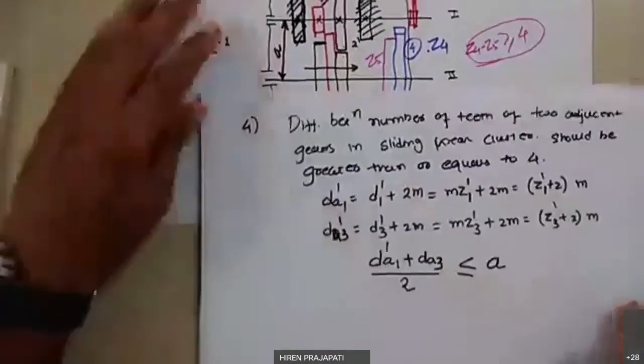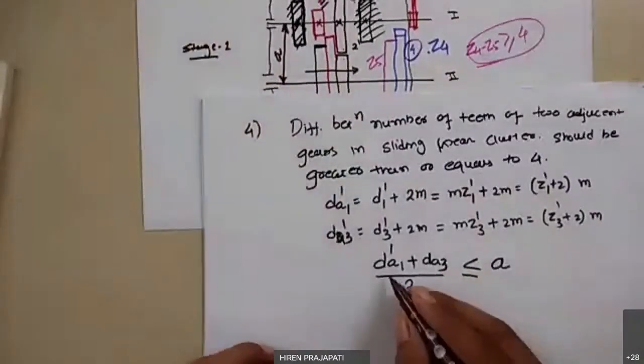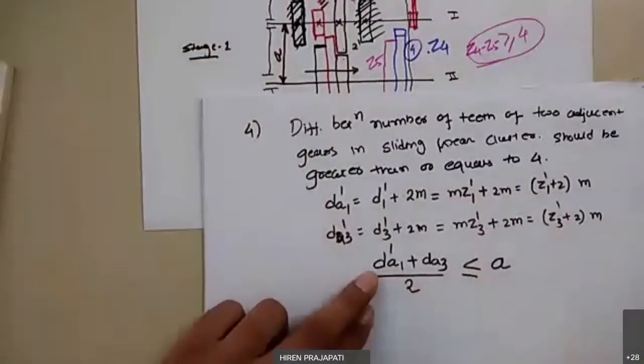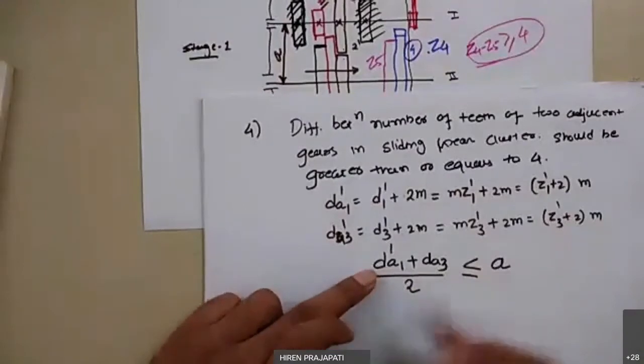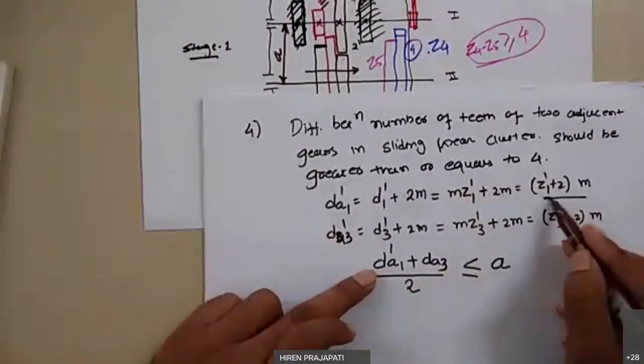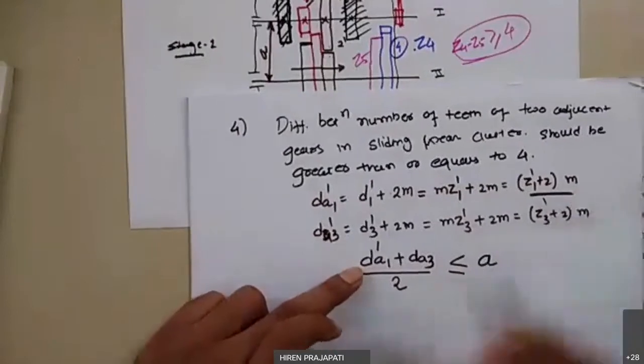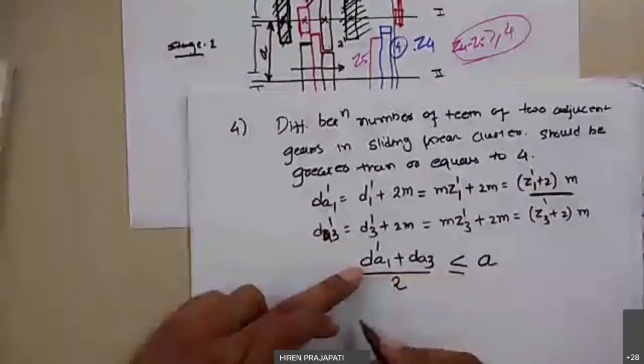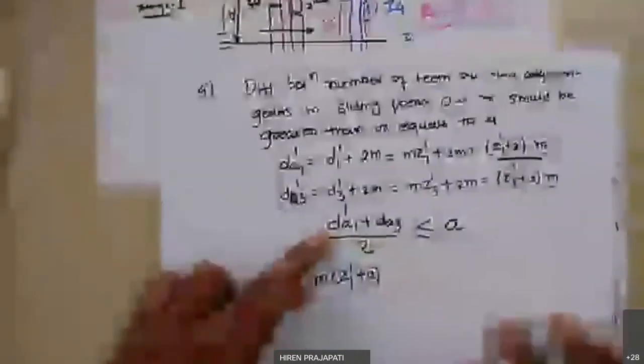So with this condition, if I again write this BA dash in terms of the number of teeth from this equation, then I can say it's m times z1 dash plus 2. We have assumed the same module for all these gears, right?